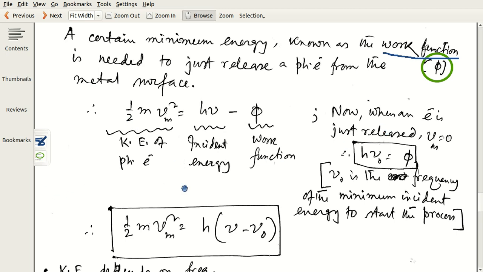Now, as you saw, when the electrons are just released, the velocity is 0. Just released means they are just removed from the surface. So at that point, they have no kinetic energy to go from plate C, the leftmost plate, to plate A. Look at the picture here.